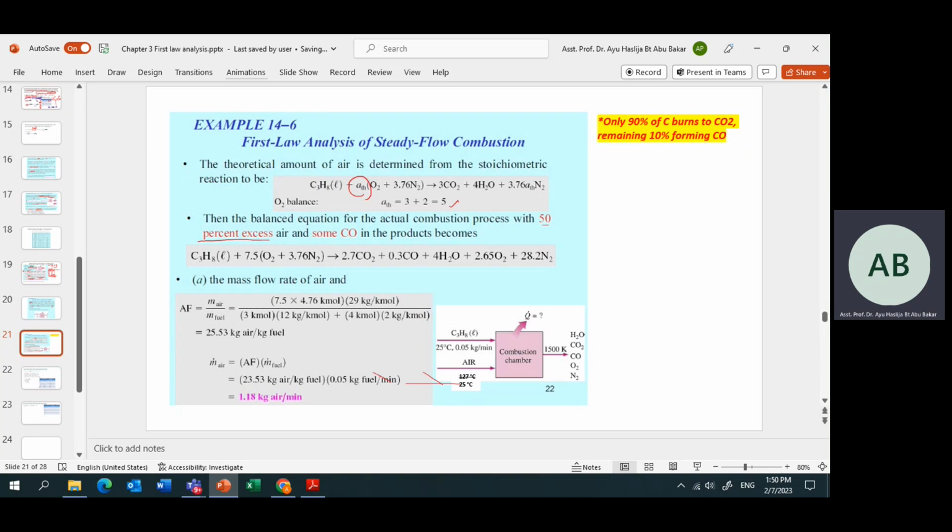So it means theoretical air is equivalent to 1.5. A stoic, which is the 5, multiplied by 1.5. That's why here you get 7.5.